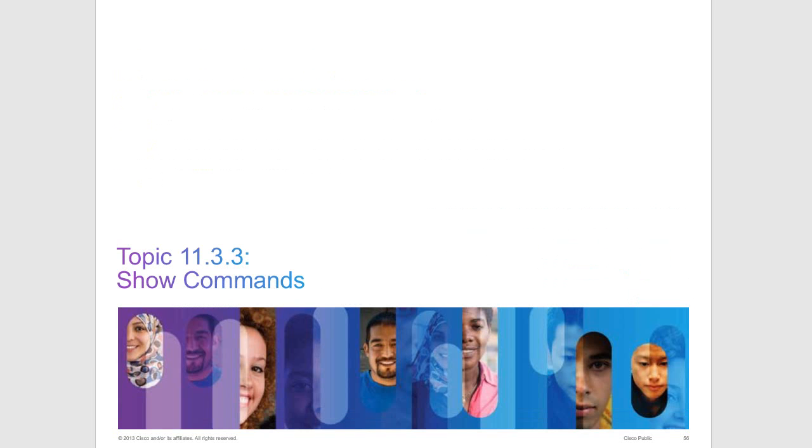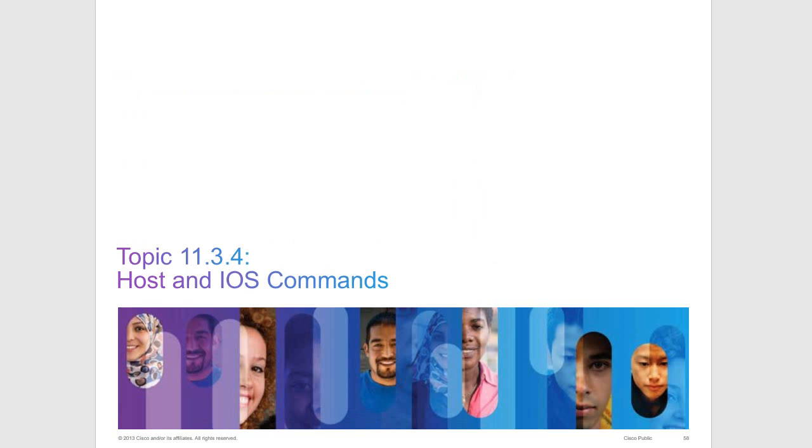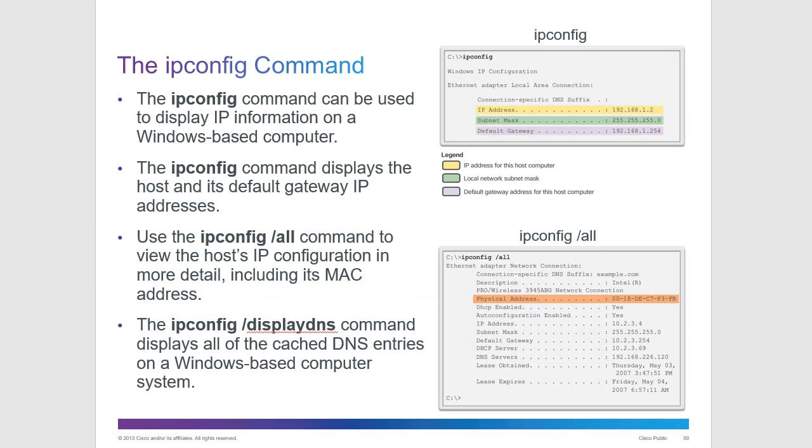Got some various show commands, many of which we've already seen. Show running config, show interfaces, show ARP, so the ARP table, show IP route, that was just like your traceroute on an end device. Show protocols, show version. All right, so we've seen these at one time or another. We've seen ipconfig /all.